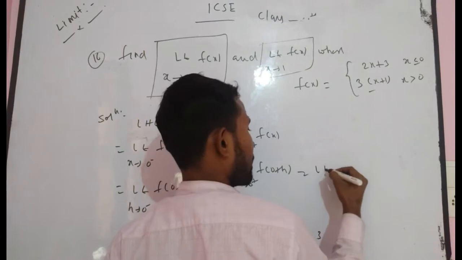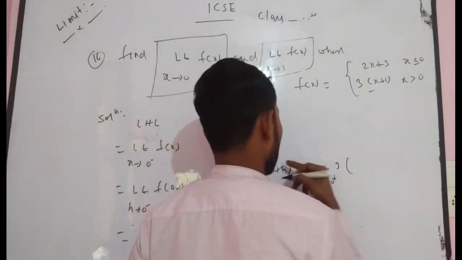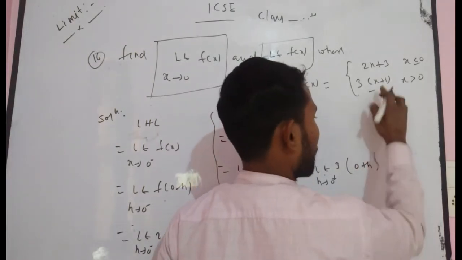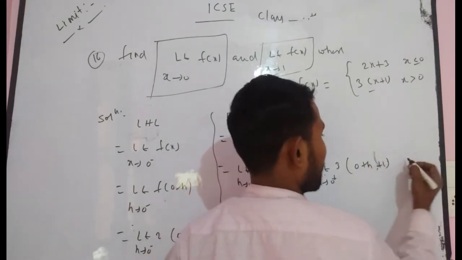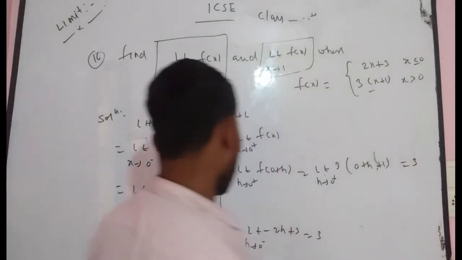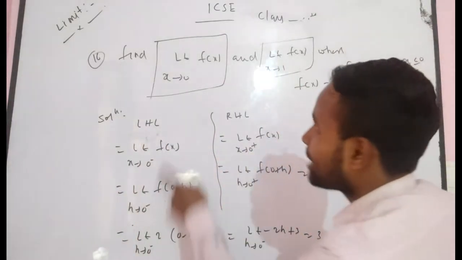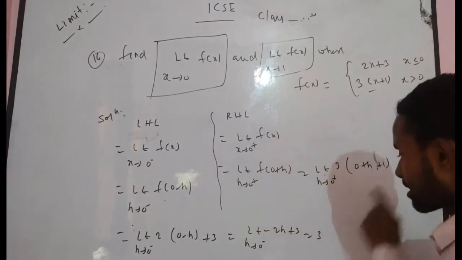So put it: limit x tends to 0 from right hand side 3 times (0 plus x plus 1). Now if you put x is equal to 0, what do you get? 3. Here you observe that LHL and RHL at x is equal to 0 of f(x) you get 3.